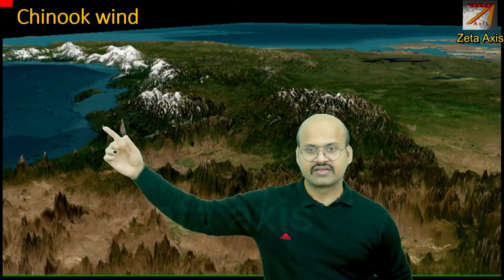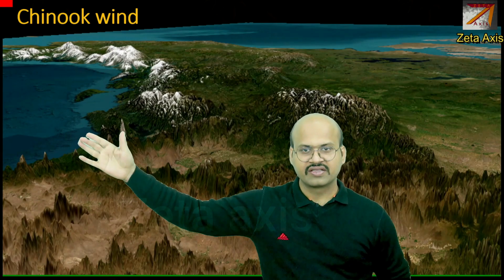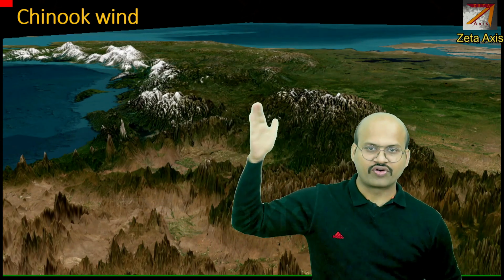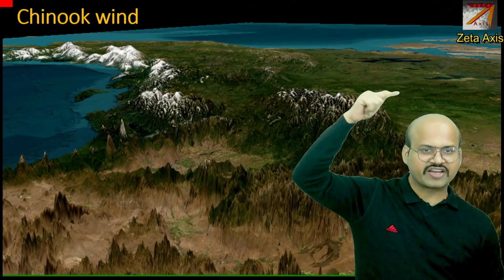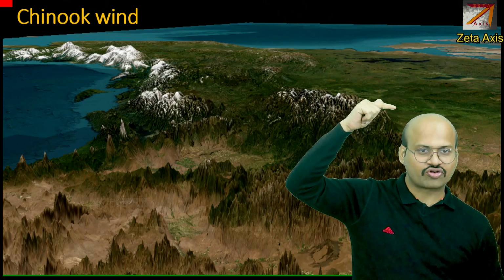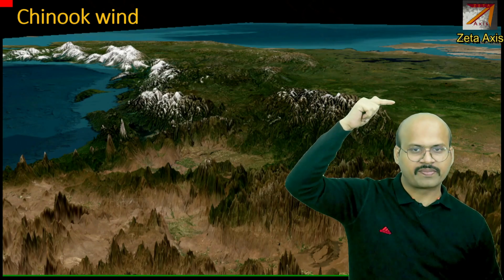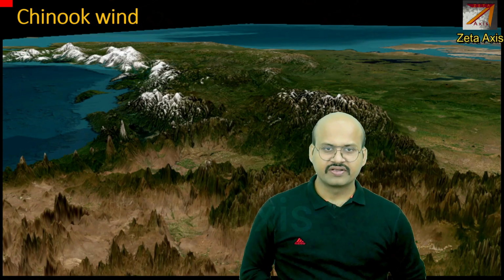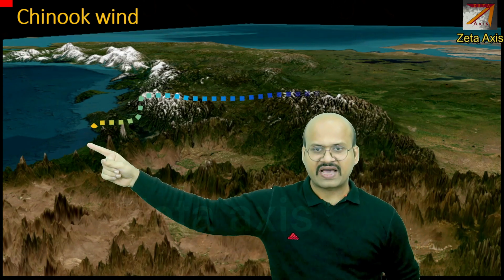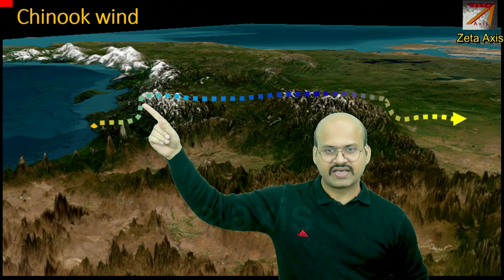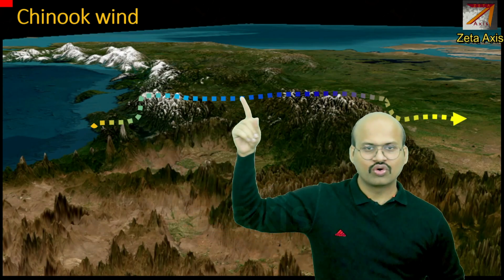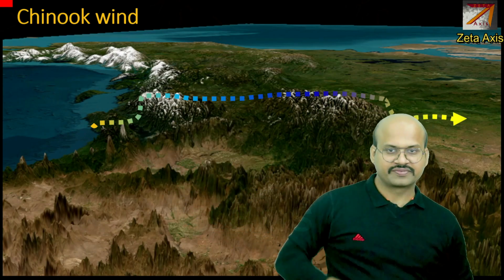If we see the landscape of this region, we can clearly see that here there is sea, then there is a chain of mountains over here, and then we have the plains over here, which are also called the Great Plains of North America. So the wind rises from here, goes over these mountains and descends over here.